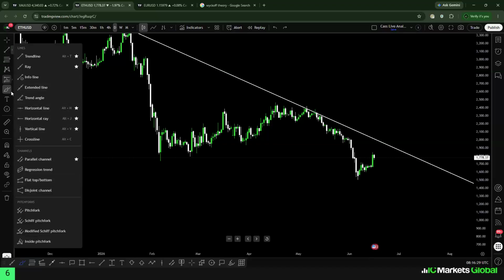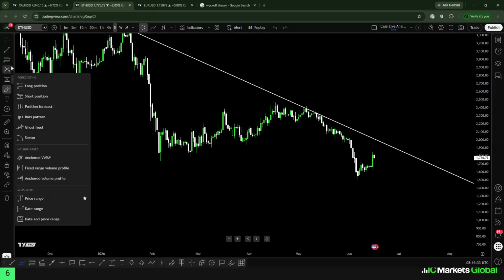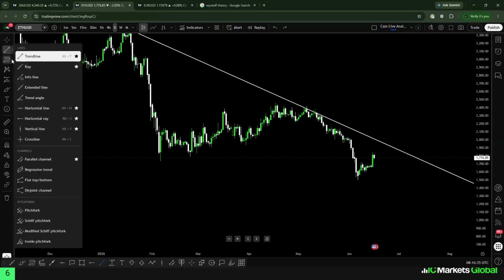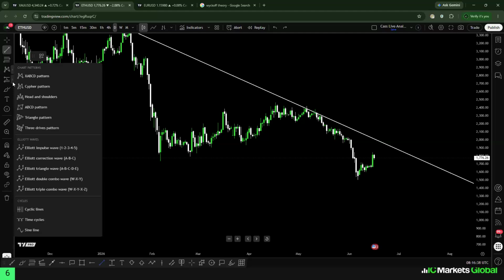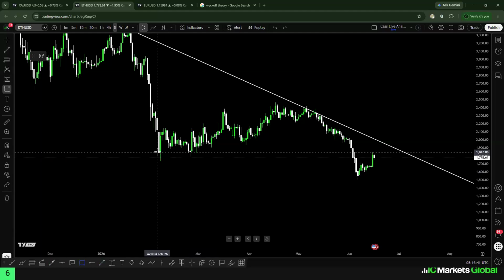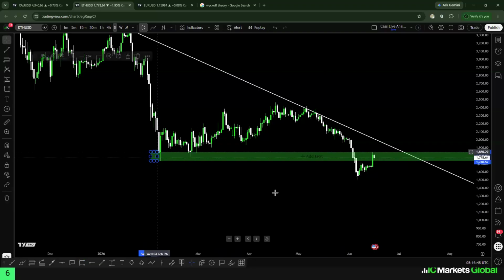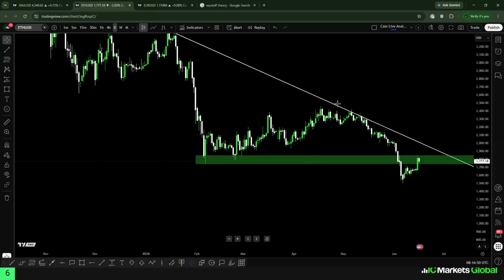I'm reanalyzing it and I'm still seeing the same thing as I saw last week. I'm not seeing anything new yet. Why is my brain not working? Okay, there you go. So this is what I'm seeing, right? This is probably the same green box I drew from last week.